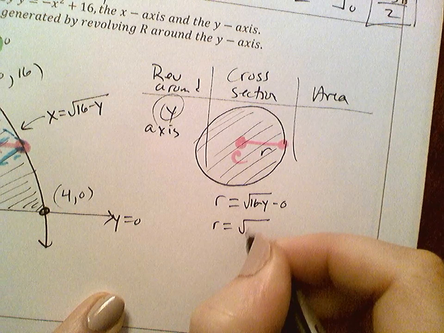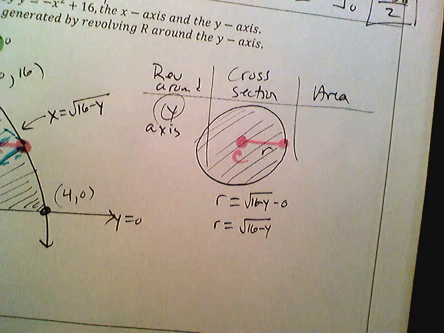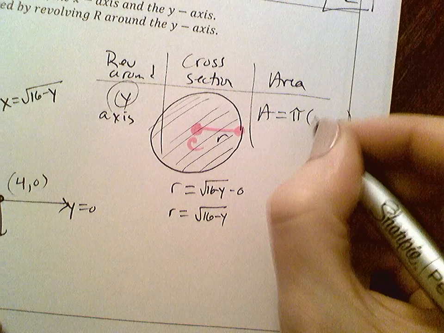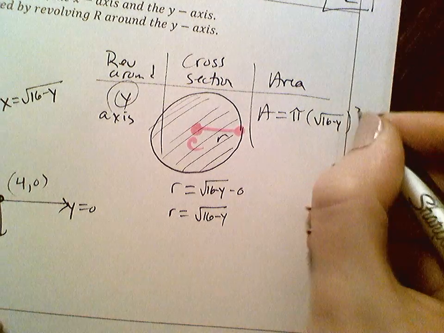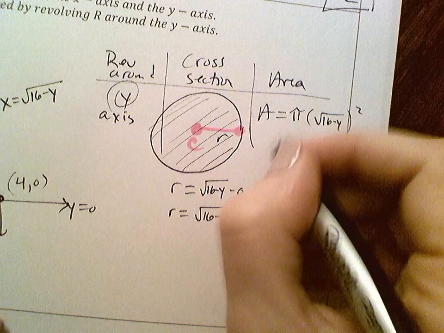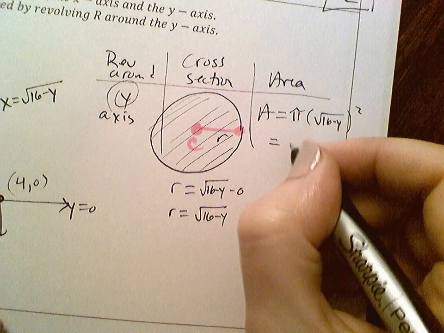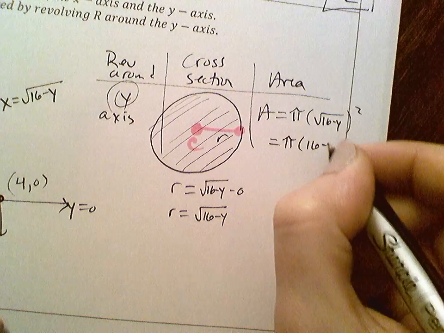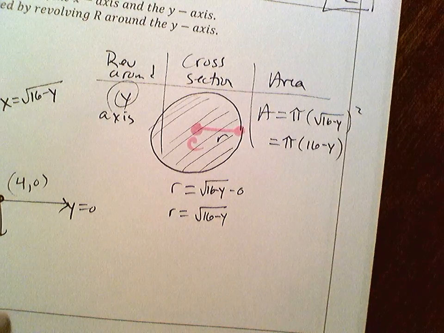So the radius is radical 16 minus y. And then for the area, it's pi r squared, so it's pi radical 16 minus y squared, which is pi times 16 minus y.